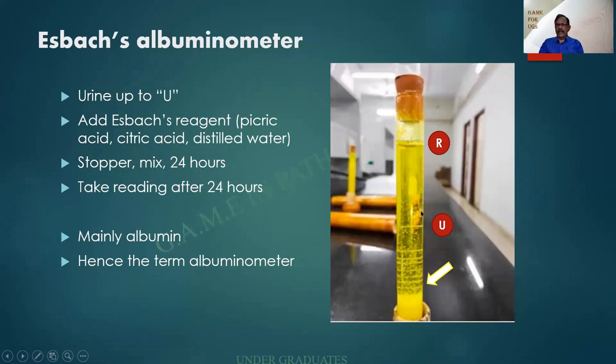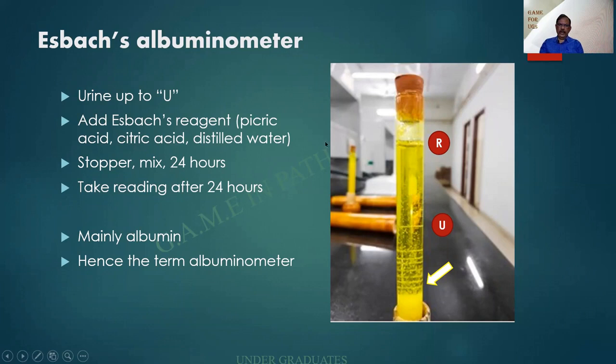Then the Esbach's reagent is added. It is inverted and then the rubber cork is fixed. It is then placed in a stable position for a period of 24 hours. After that, you find that the precipitate gets settled down and I can make a reading. This is called the Esbach's albuminometer.